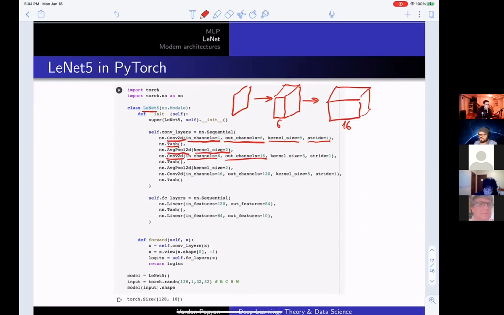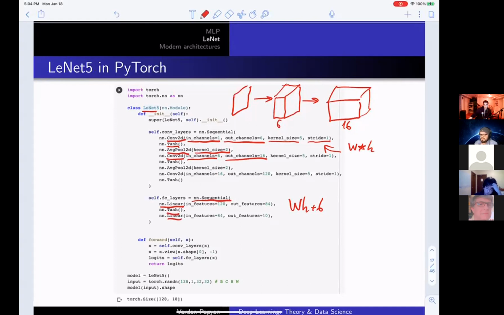Then you have tanh, average pool, convolution, tanh, and then you have a different sequence of layers, where in this case you're using fully connected layers. So this is again back to Wh plus b, instead of convolution of W and h, which is what the earlier layers are doing. So we have a linear layer, then tanh, and then another linear layer.